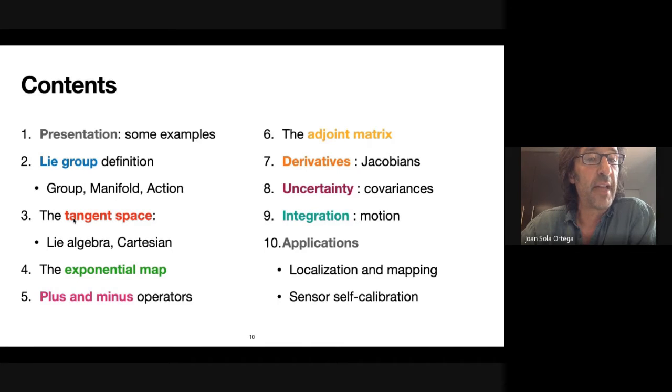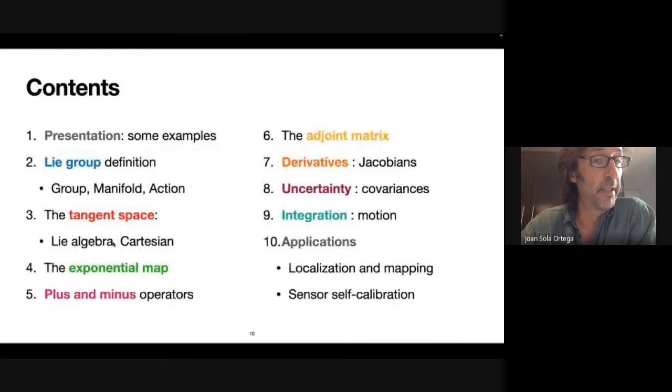I will define the tangent space. It has 2 equivalent forms. One is a little bit weird and the other one is very easy. Okay, they are equivalent, so that's nice. I will present the exponential map. Maybe some of you have heard about this and think that it is a kind of evil thing with magic inside.